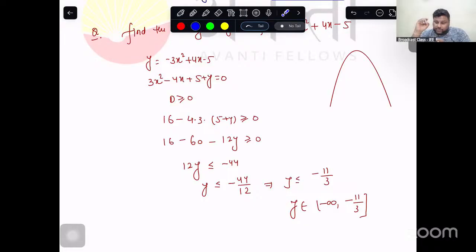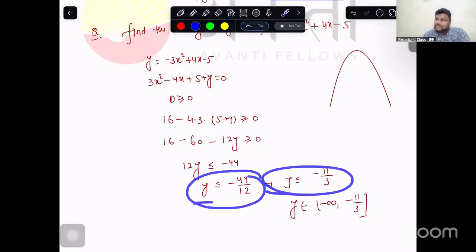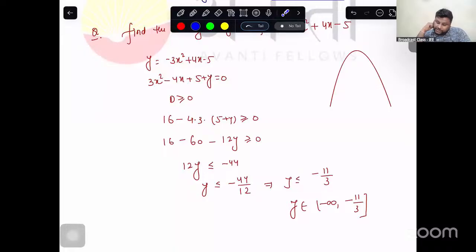Now its d should be more than or equal to 0. So b square 16 minus 4, a is 3, c is 5 plus y, more than or equal to 0. 16 minus 4 times 3 is 12, times 5 is 60, minus 12y more than or equal to 0. Understood? So 12y is less than or equal to minus 44. So y is less than or equal to minus 44 by 12. So y is less than or equal to minus 11 upon 3. So your range belongs to minus infinity to minus 11 by 3. Understood?